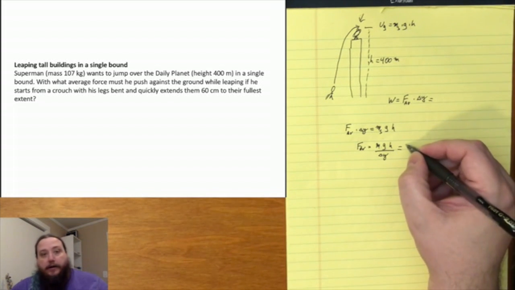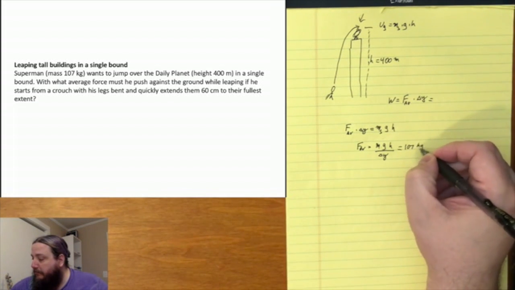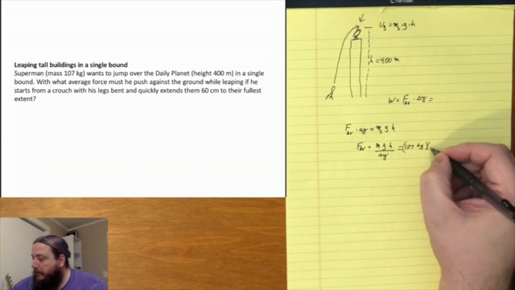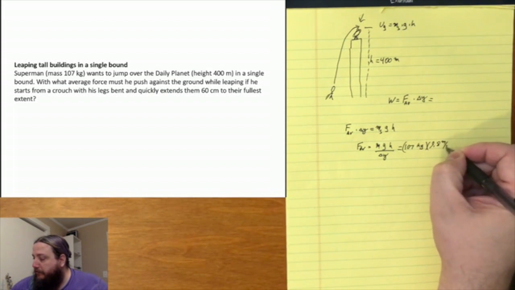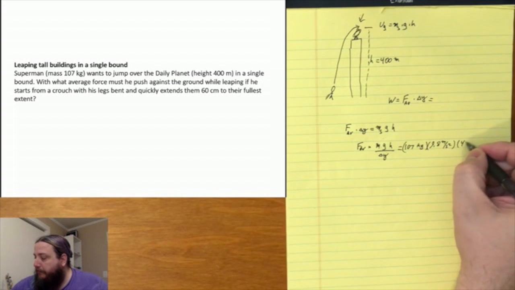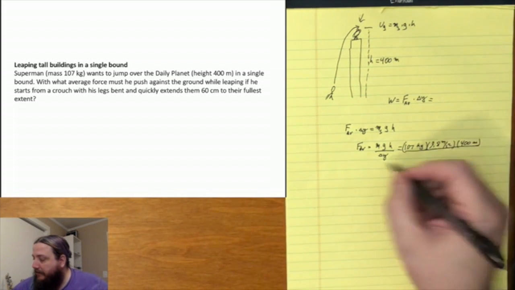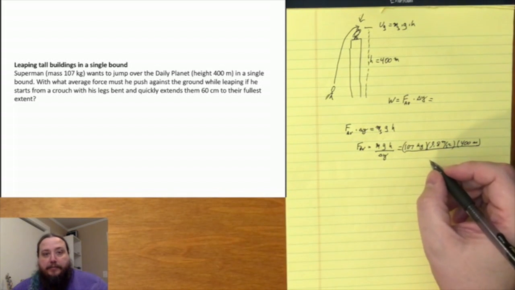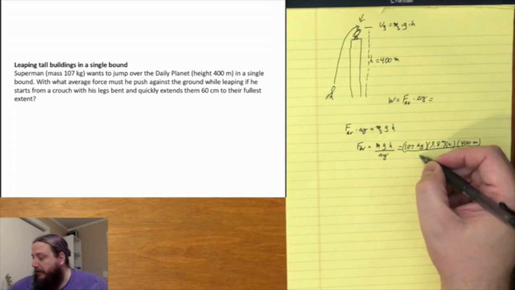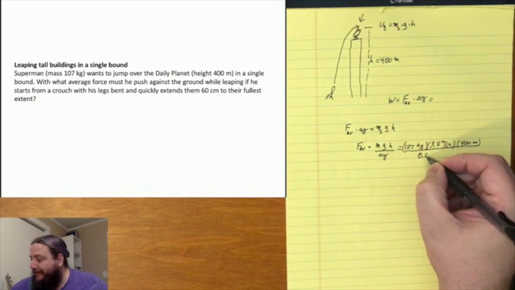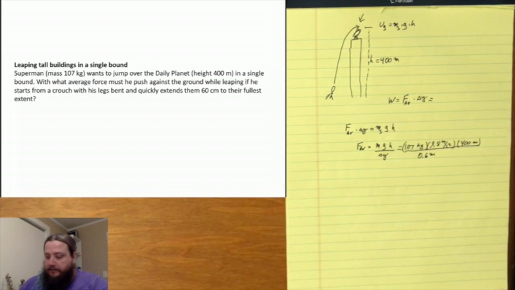So that's 107 kilograms, 9.8 meters per second squared, a height of 400 meters, and a displacement here of 60 centimeters, or 0.6 meters.